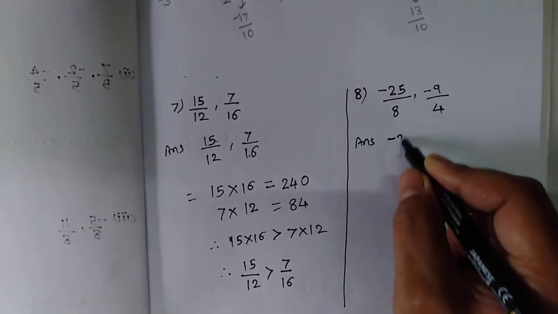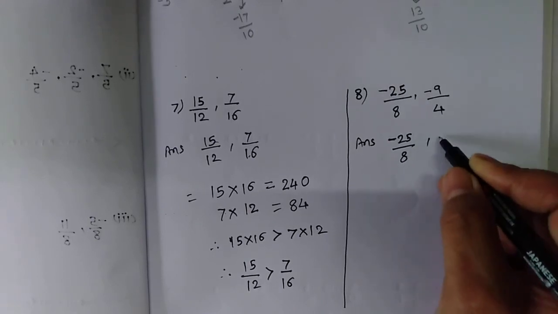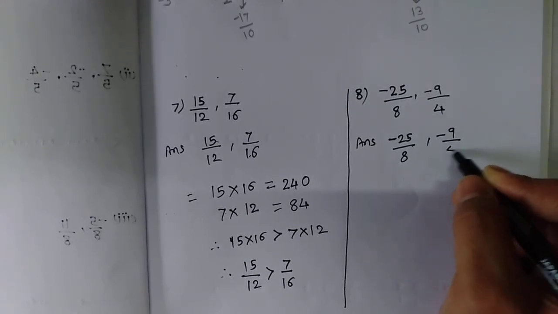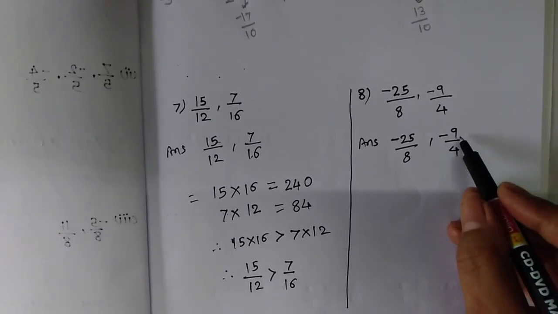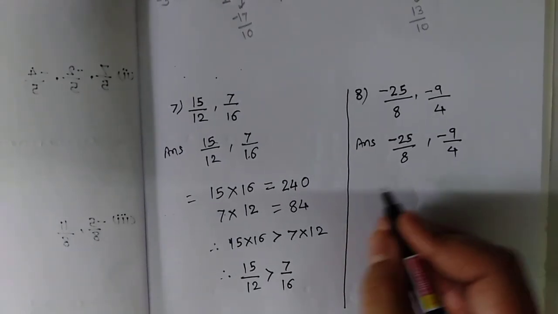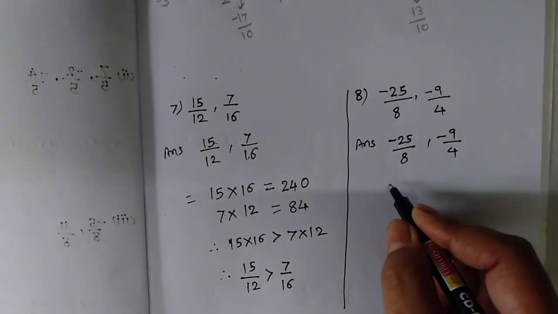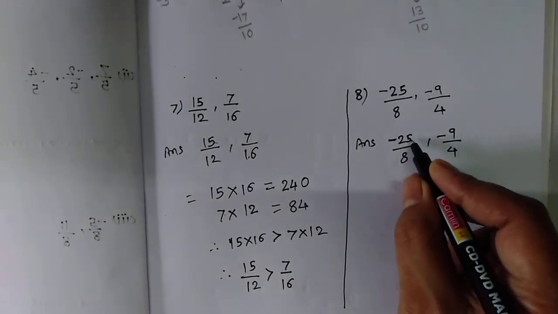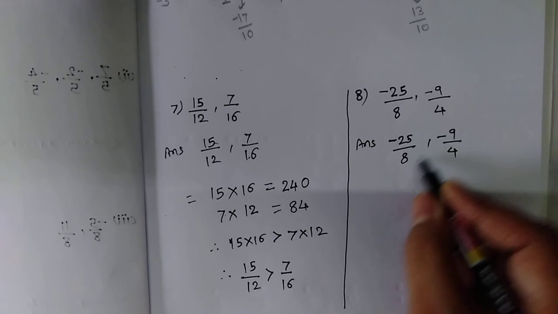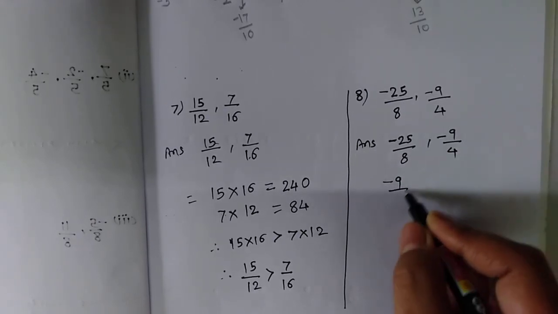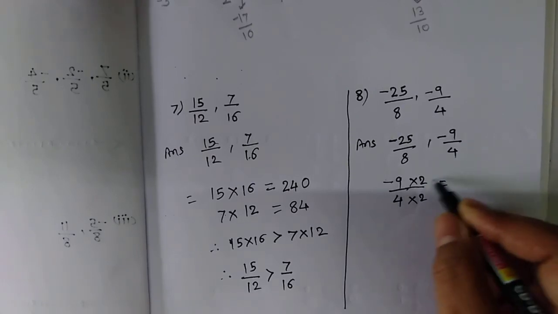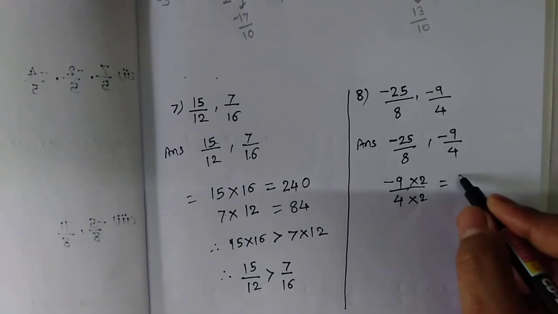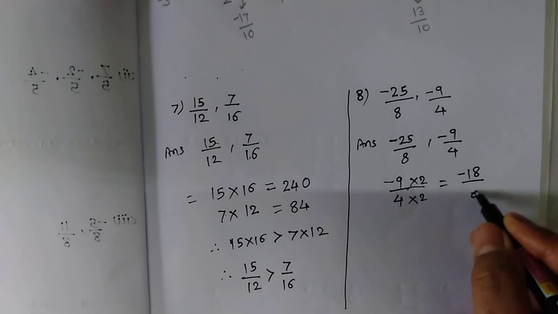First, negative 25 upon 8 and negative 9 upon 4. So multiply by 2 to the second rational number. So minus 25 upon 8 as it is. Take the second fraction, minus 9 upon 4 multiply by 2. So resulting rational number is minus 18 upon 8.